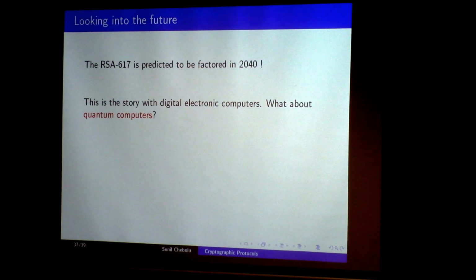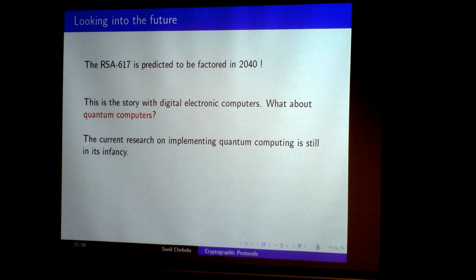All that is with classical computers. Now, the question is, what about quantum computing? I'm not an expert. I don't know anything about quantum computers really, but I'll say it's still very primitive. The research is ongoing, and the only result we have is the following, which looks a little bit embarrassing.